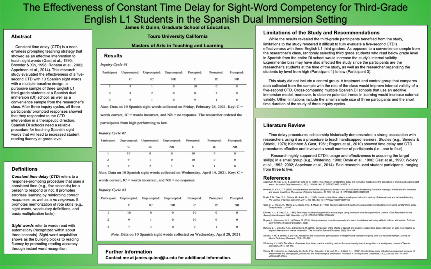So before even prompting the participant in the small group setting on how to correctly pronounce the word. So the prompting includes like a practice round of all 10 words where the researcher or the interventionist says the word and then the participant echoes it.